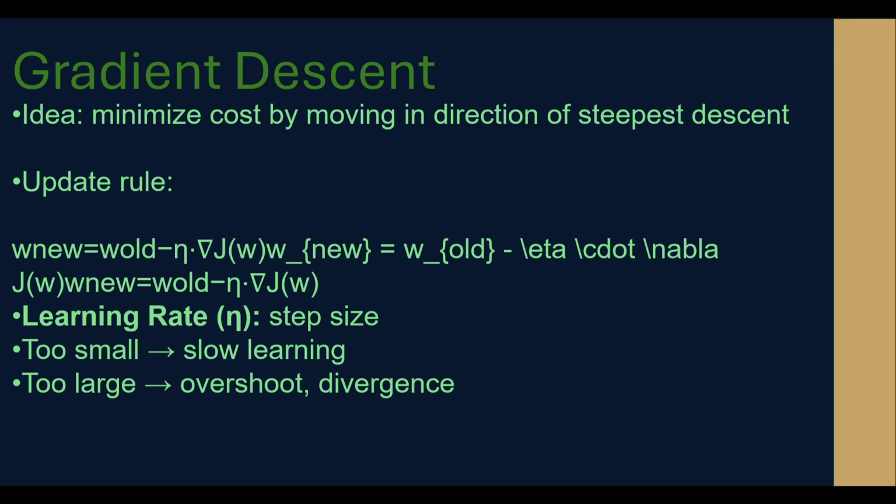We calculate the gradient of the cost function with respect to the parameters. The gradient tells us the direction of the steepest increase, so we subtract it to go downhill. The learning rate controls how big a step we take. Choosing the right learning rate is critical: too small makes training very slow, and too large causes instability.